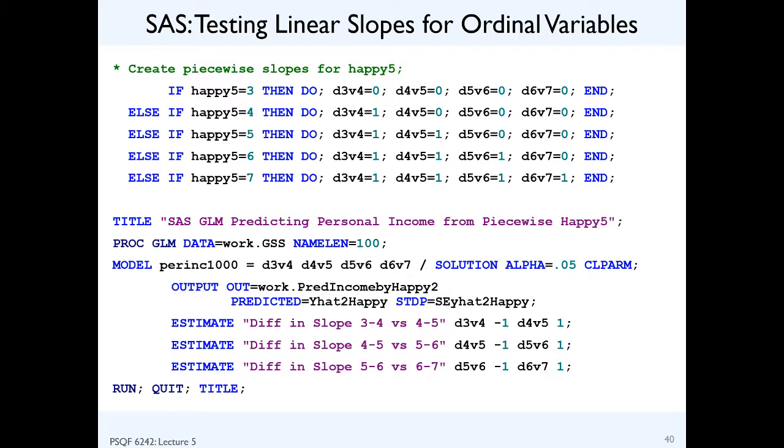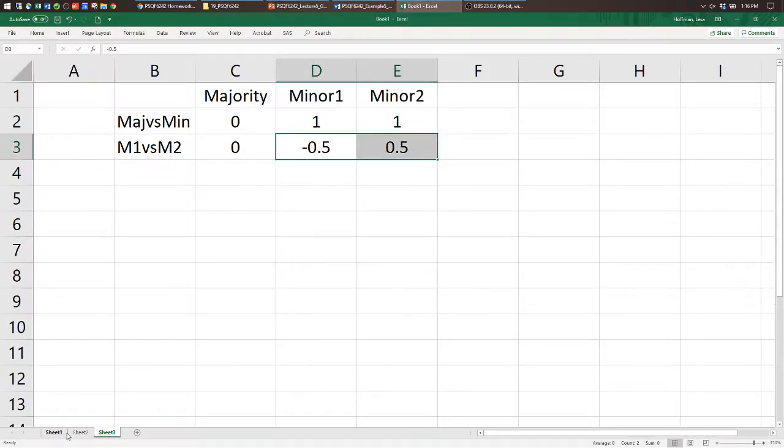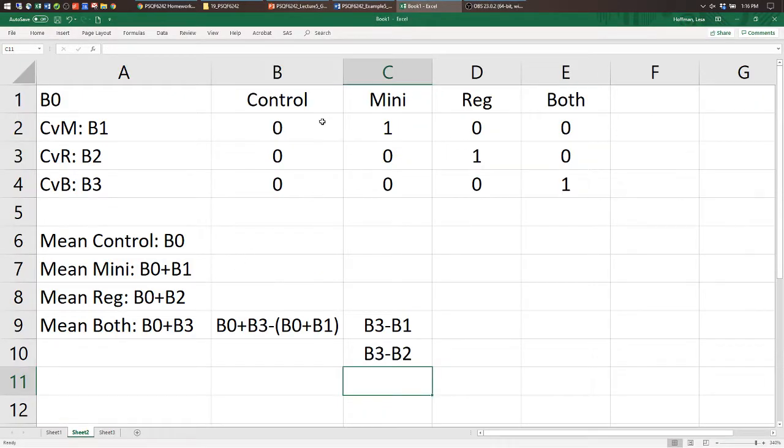So you can see the ones go like that. It gets me from 4 to 5, and then 5 to 6, and then 6 to 7. So it's like a little moving window, rather than unhappy versus each of the others, which is what it would be if we used this type of coding scheme that we did for golf.